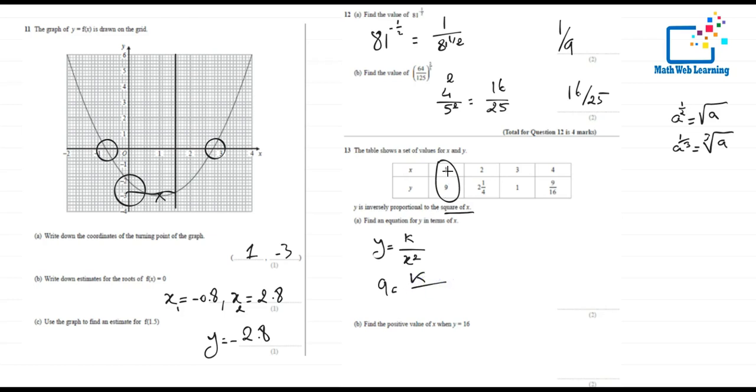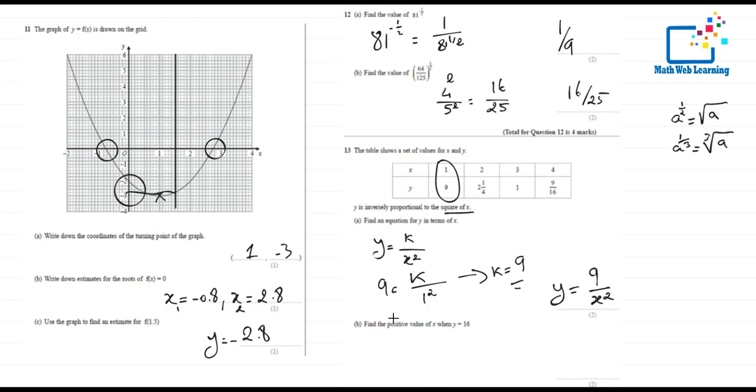Sorry, I repeat that. When y equal 9, x equal 1. So that is 1 squared, and you can see that gives me k equal 9. So therefore the formula is y equal 9 over x squared.